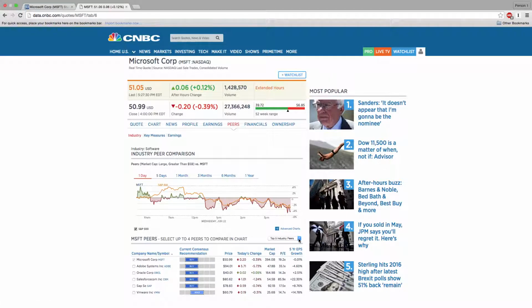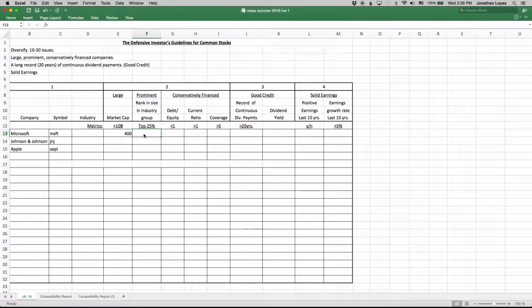We want the top 10 industry peers, ranked by market cap. So yes, Microsoft is number one. Oracle is number two. That's what we want to know. Number one.